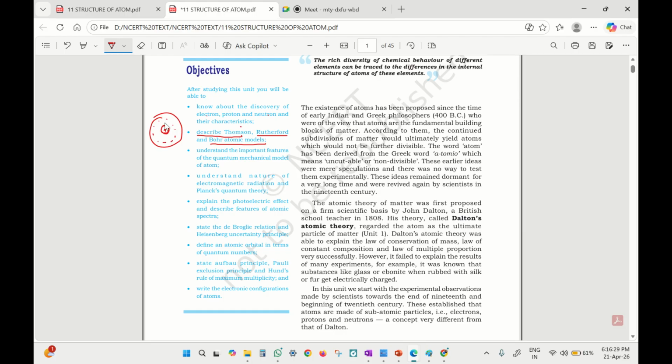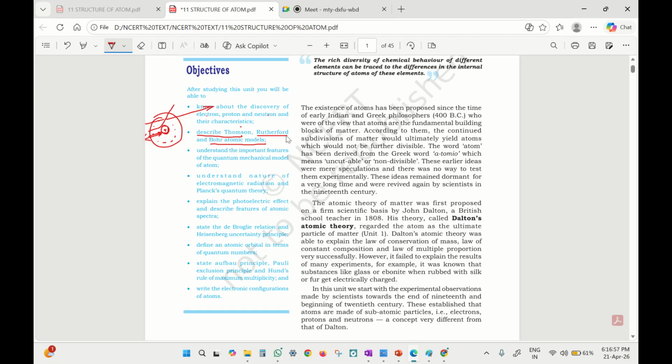Electrons are present all around. Most of the space in the atom is empty, and the electrons occupy it. And then you talked about alpha particles. If an alpha particle goes straight onto the nucleus, it will be returned back. If it passes very close to the nucleus, it will get deflected. And if it passes away from the nucleus, it will pass straight. So all these things we will cover.